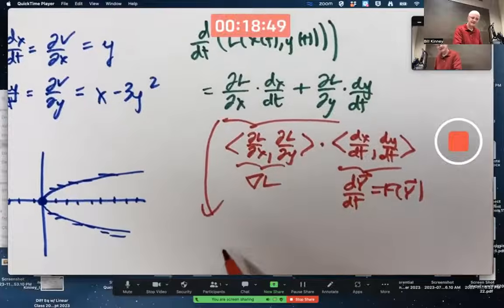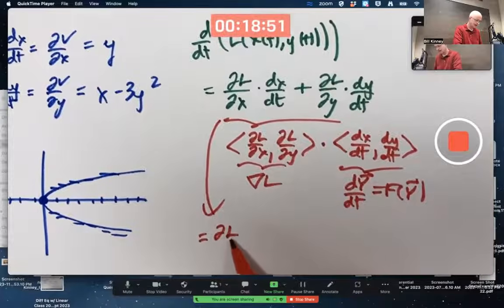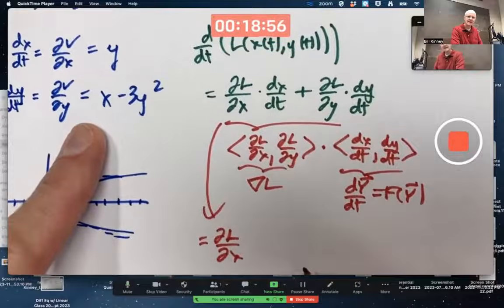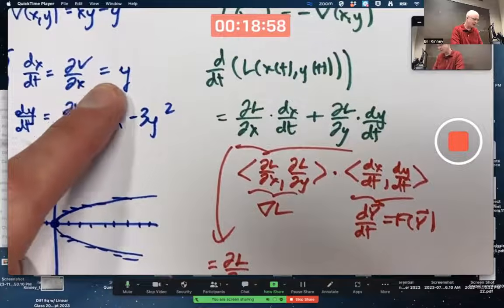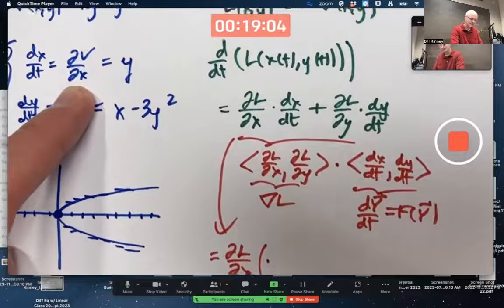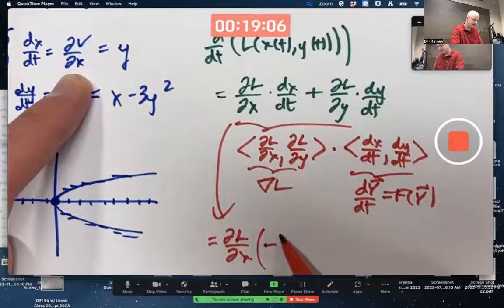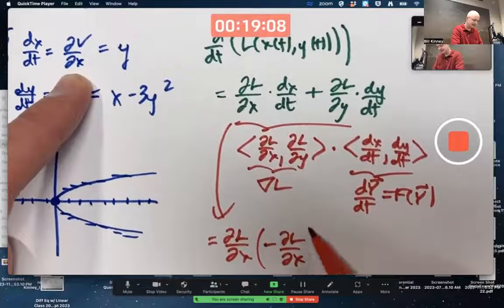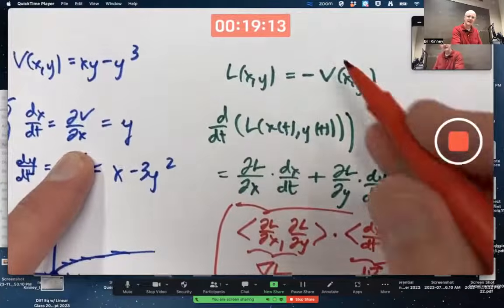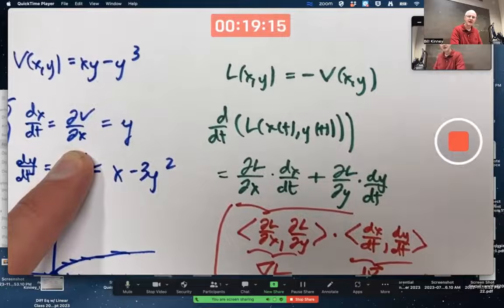But in this case, what's dx/dt? Well, it's y for this example, but that was the same as dV/dx, which is the opposite of dL/dx. Why? Because L equals negative V. That's why.